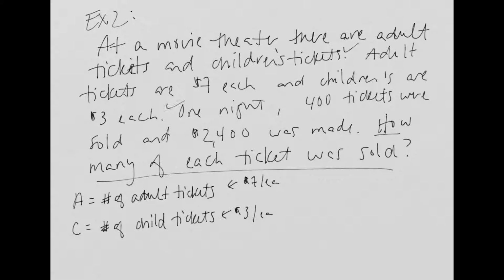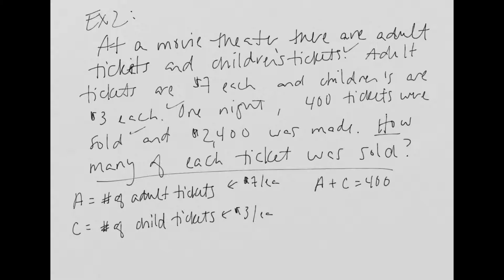Okay, so we're done with that sentence. Next, one night, 400 tickets were sold. Now let's stop there. In terms of A and C, if 400 tickets were sold, what does that tell us? Well, it tells us that combined, I should get 400. Okay, so together 400 were sold, so that takes care of that piece of information.